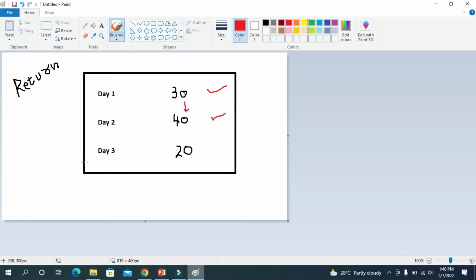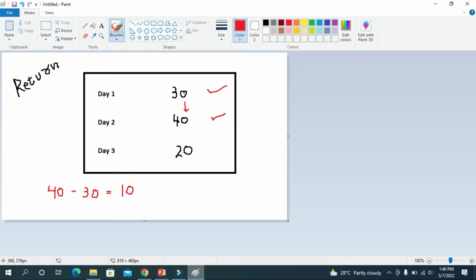So if you want to calculate the return, or the benefit, you just have to subtract 40 minus 30, and you will get to know that on day 2 he has gained a profit, or return, of 10 rupees.